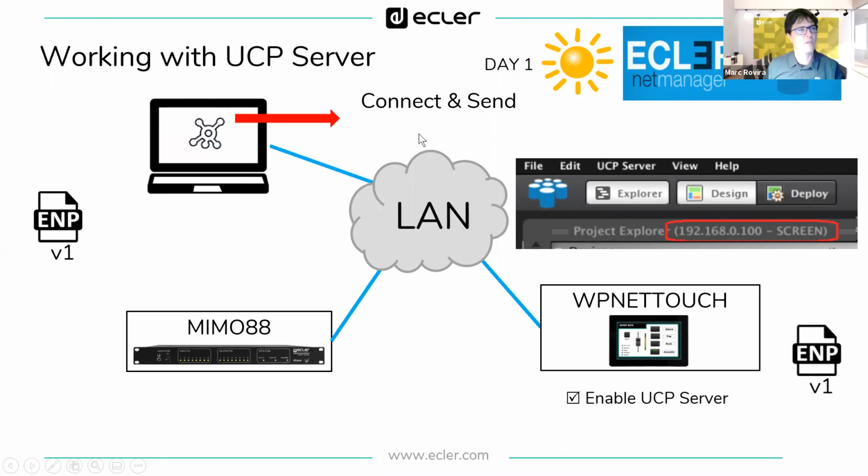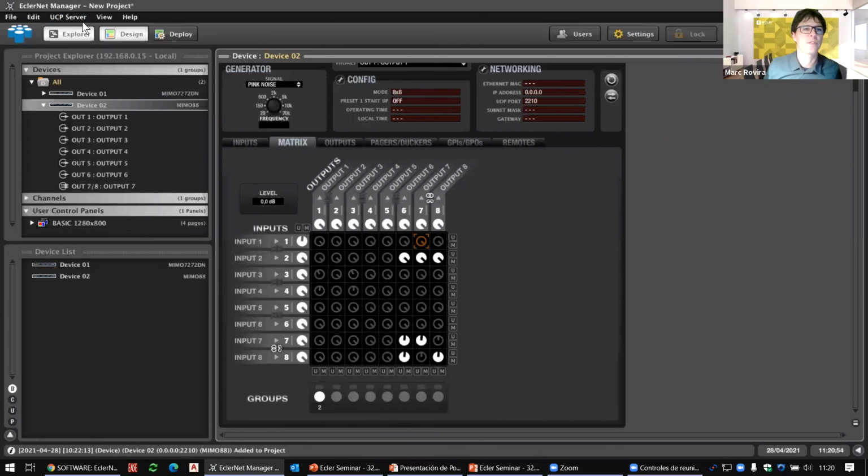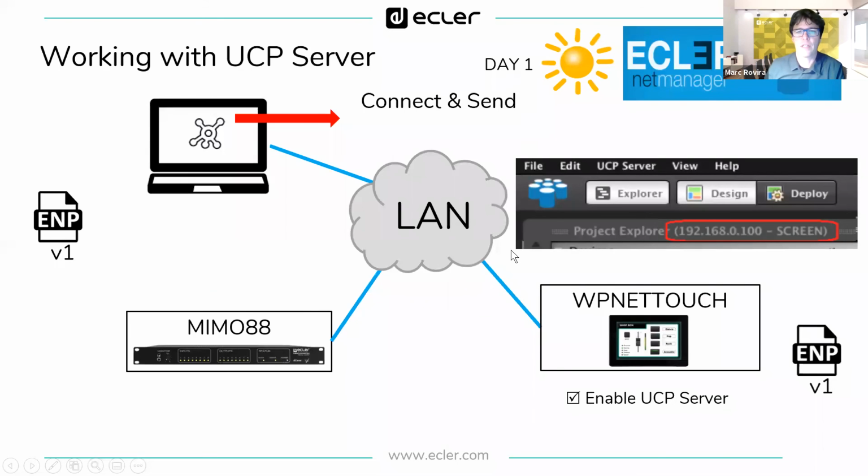When you make this option, I want to show you: okay, connect and send here. You are sending this file. Once it's sent, you see it says, okay, I'm acting as a UCP server, like the screen, the WP Touch.